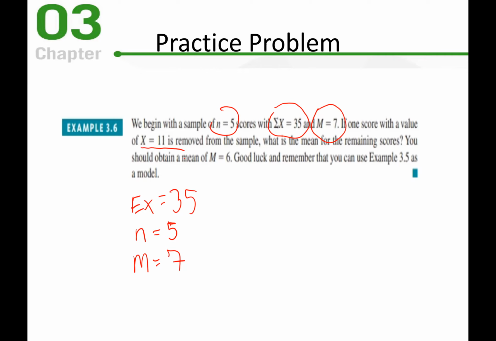So right here, if we remove the score of 11, well, the sum of scores has changed. Now it's going to be 35 minus 11, which would give us a new sum of the scores of 24, right? So 24 is the new sum of all the x scores.